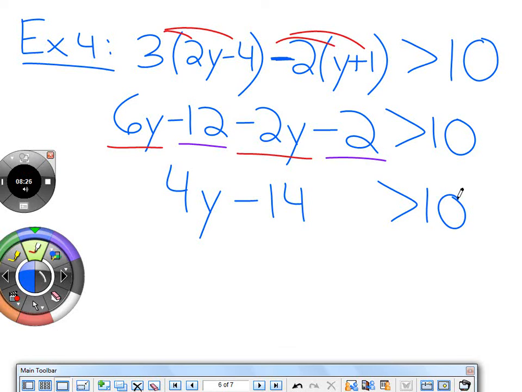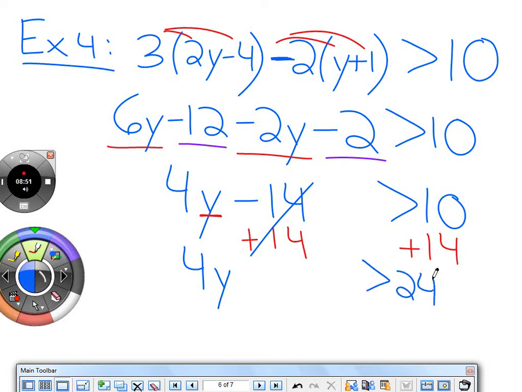Now we want to try to move things from one side of the inequality to the other. That's a minus 14, we're trying to get the y by itself. So we need to get rid of the minus 14. So let's do the opposite. Let's add 14. So we add 14. That will cancel out, and it'll be 4y is greater than 24.